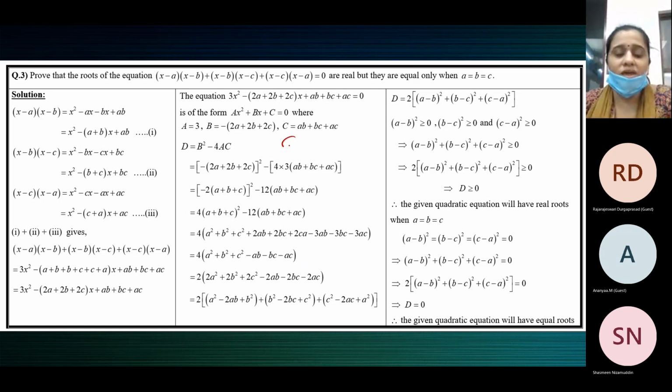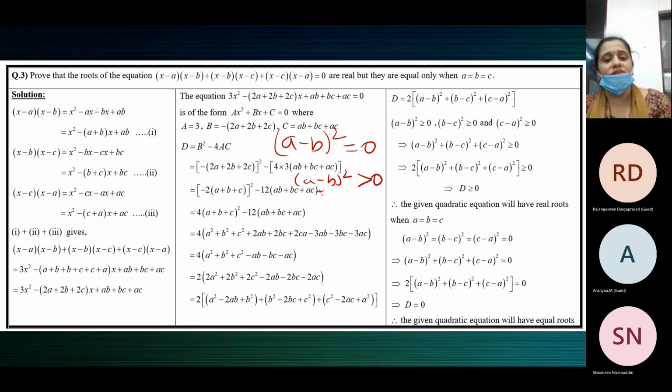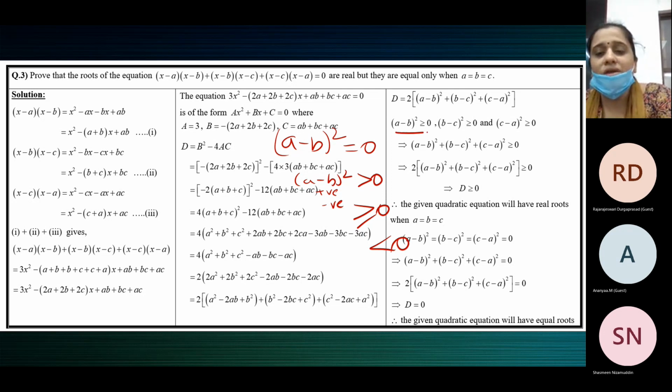It will be equal to 0 when A minus B is 0, or greater than 0 when it is positive or negative. So it can only be greater than or equal to 0. It cannot be less than 0. That's what I've written here. (A minus B) the whole square is greater than or equal to 0. This is also the same here.